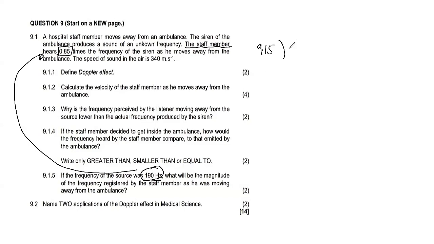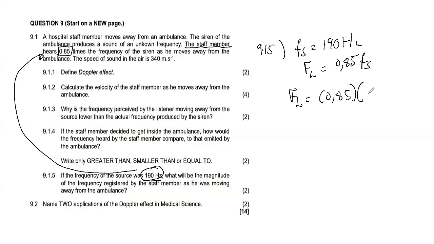So if the frequency of the source is 190 hertz, and the frequency of the listener is 0.85 times the frequency of the source, then the frequency of the listener is simply 0.85 multiplied by 190, right? And when we punch that into our calculator, we find that it's 161.5 hertz.